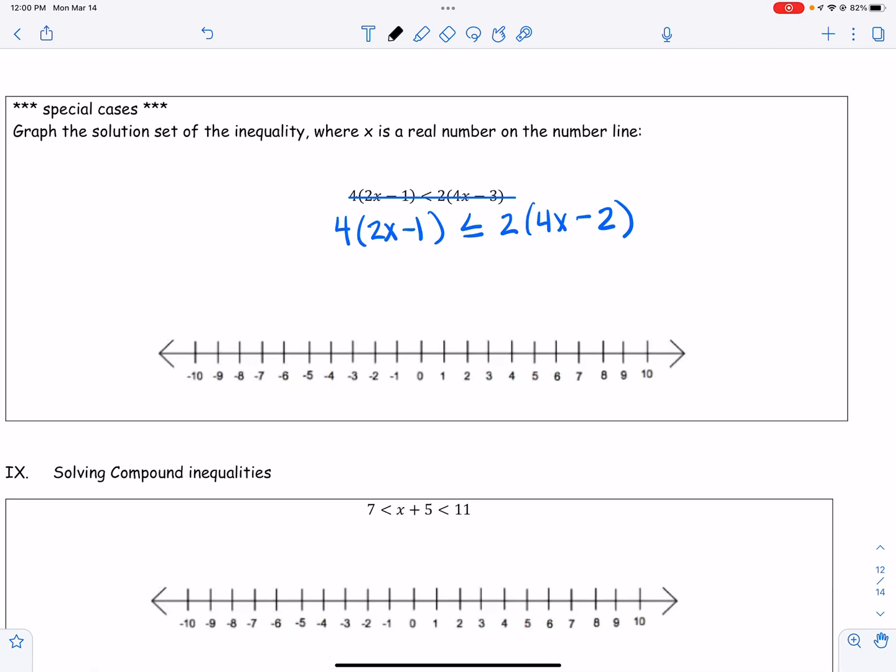So it should be 4 parentheses 2x minus 1 less than or equal to 2 parentheses 4x minus 2. Okay, so we're going to distribute it, and we're going to get 8x minus 4 less than or equal to 8x minus 4.